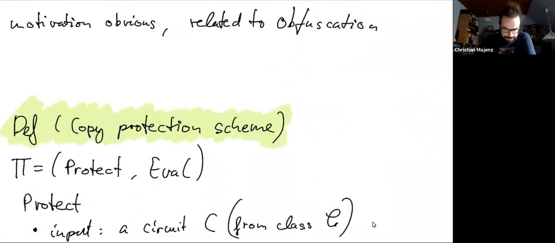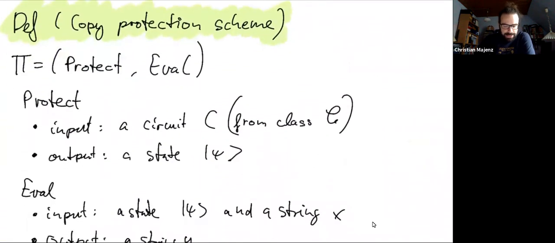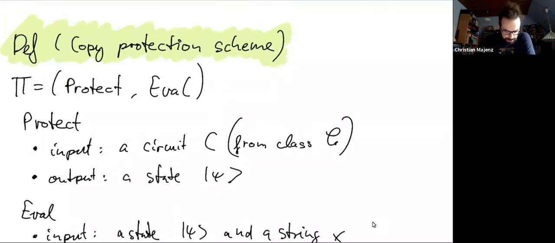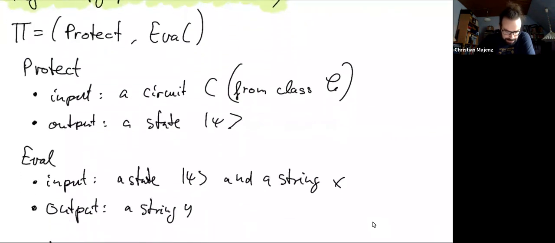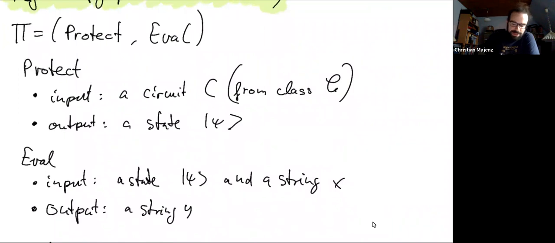So let's look at how to define a copy protection scheme. It has two algorithms: protect and evaluate. Protect takes as input a circuit C from some circuit class curvy C, and it outputs a quantum state psi.